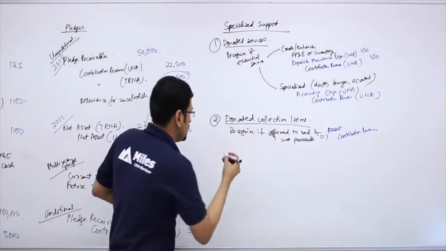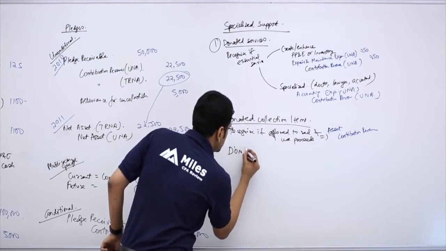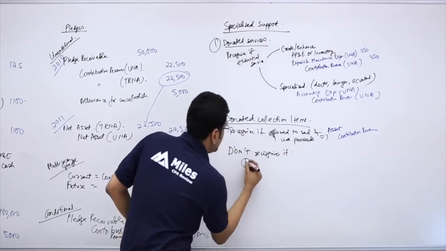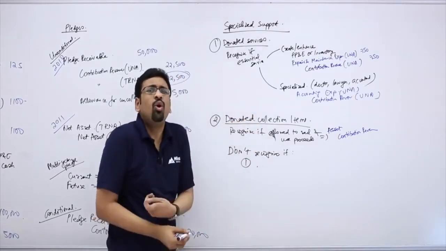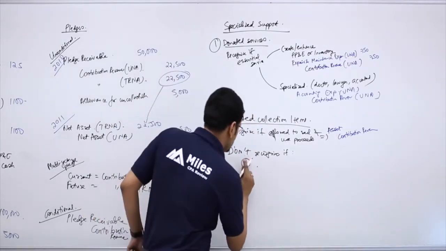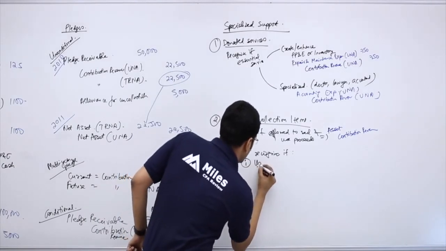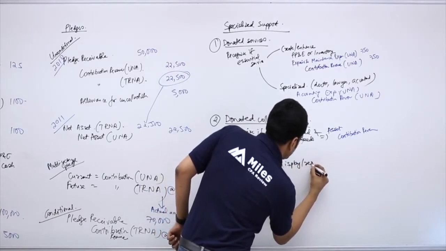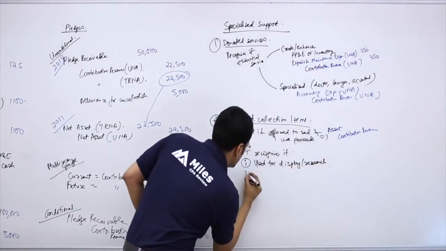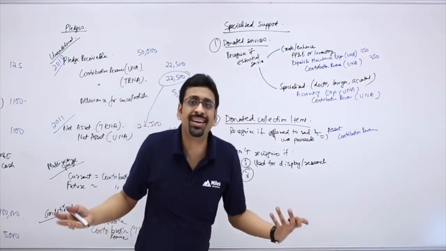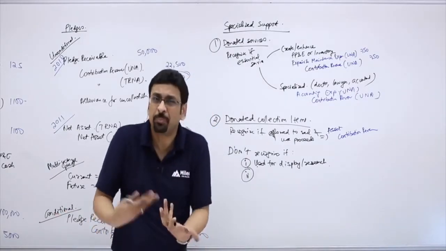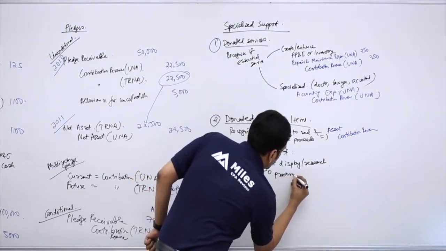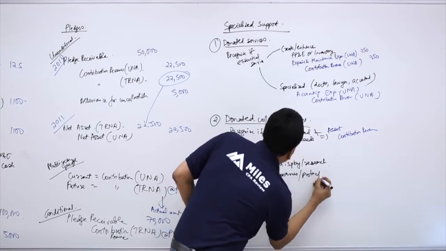So guys, what I'm trying to say is, don't recognize if, number one, this collection item is going to be used for display or research purposes. Number two, the NPO, the museum, let's say, is only responsible for preserving it, protecting it.